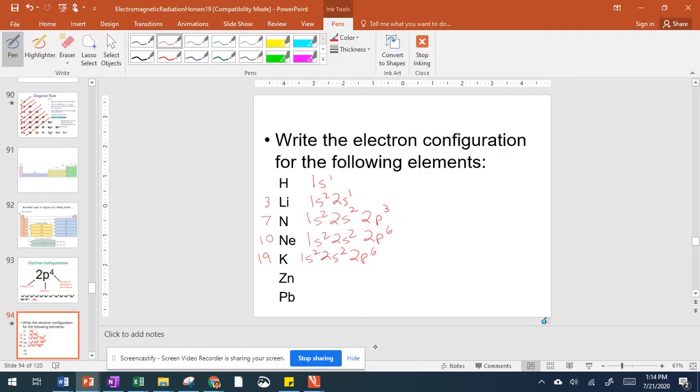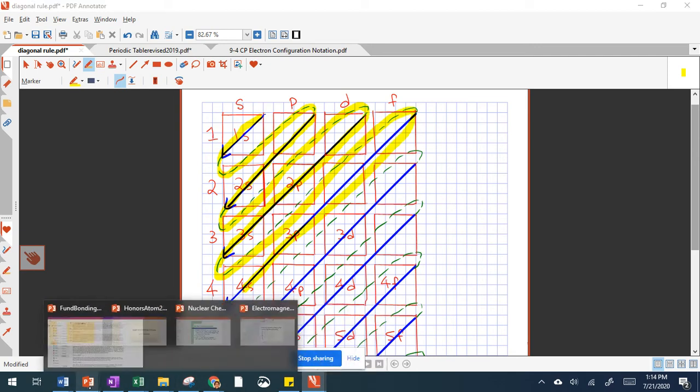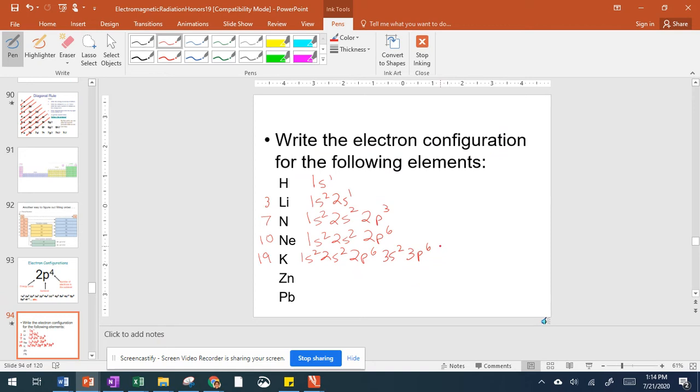So let's go back. 3s2. After 3s2 is 3p6. We have 18. So we just have one more. If we go to our diagonal rule, after 3p is 4s. So let's do that. And that would be 4s1.